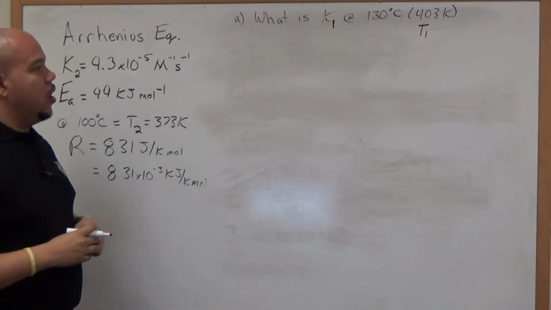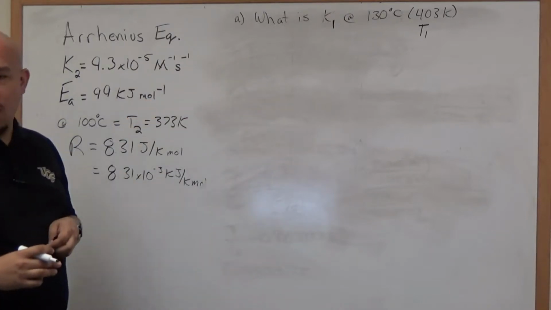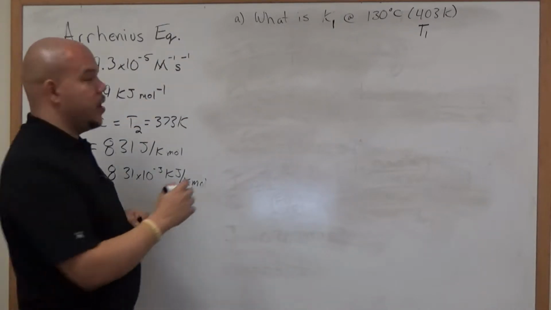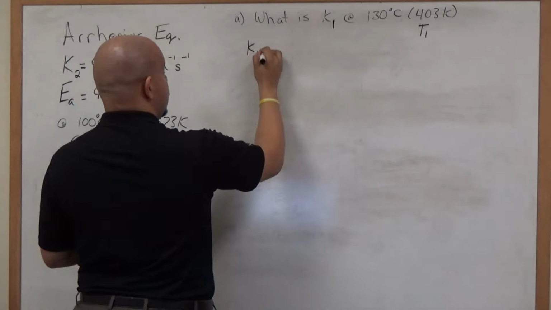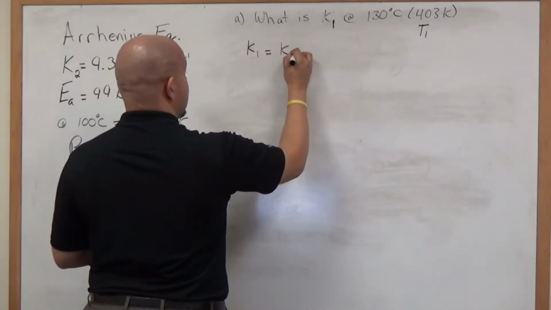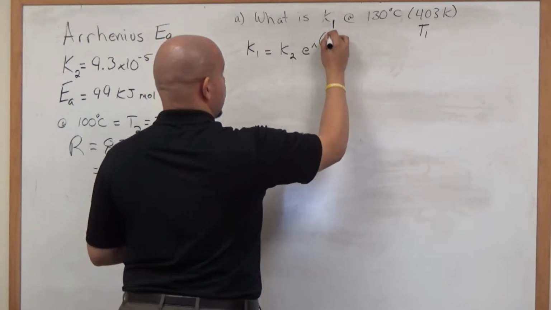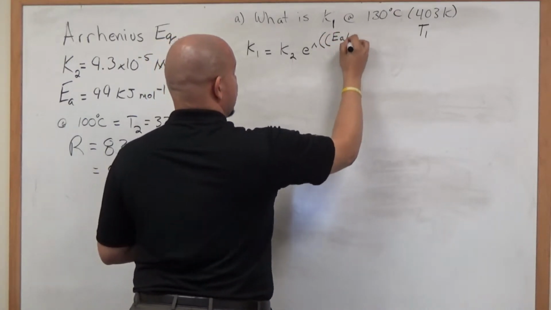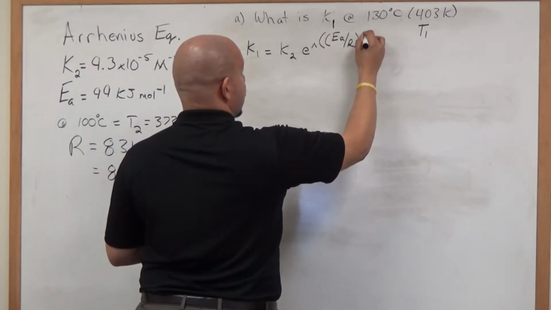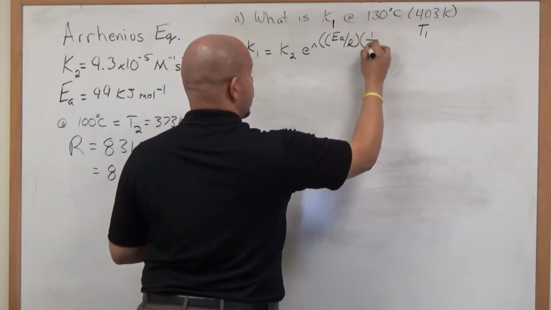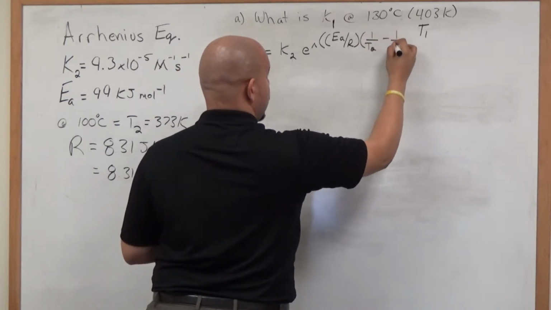So if we rearrange this equation, we end up with K1 equal to K2 times e raised to the activation energy over R multiplied by 1 over T2 minus 1 over T1.